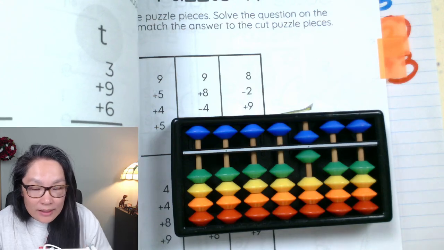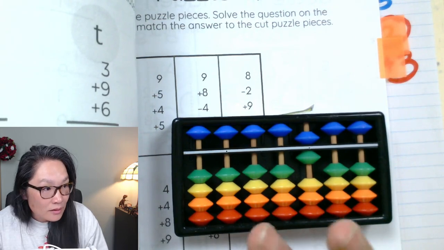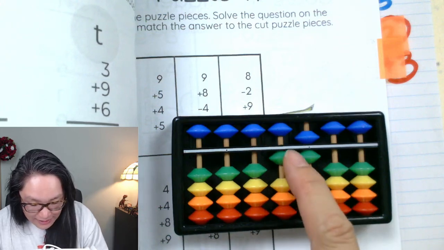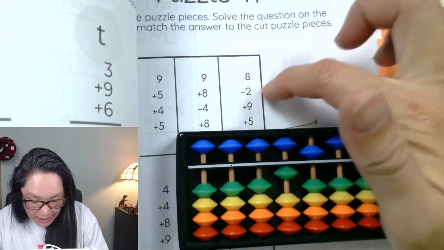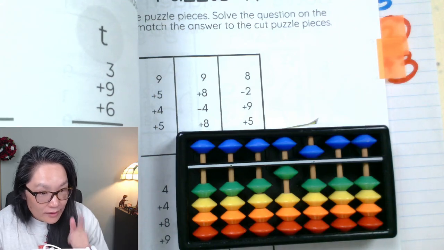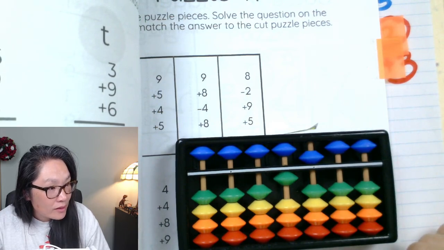So how do we add a 9? Yes, thank you. I want to add the 10 and take away the 1. And then I'm going to add the 5. How do I add the 5? Thank you, Ellie. Thank you, Bella. How do I add the 5? Hello, Chiwi.